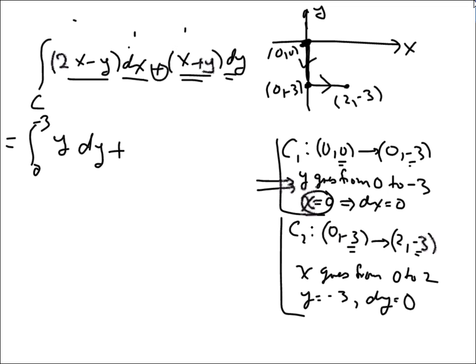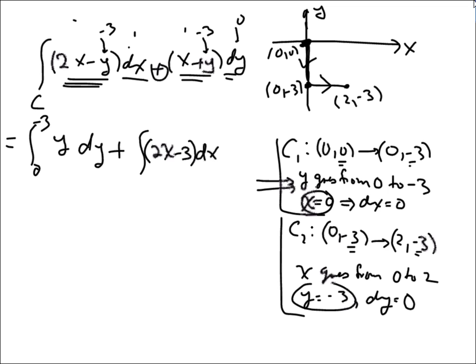On C2, we know that y is negative 3, and dy is 0. So we get the integral of 2x minus 3 times dx, and in this case, x goes from 0 to 2, plus x plus negative 3 times 0, which is just 0.